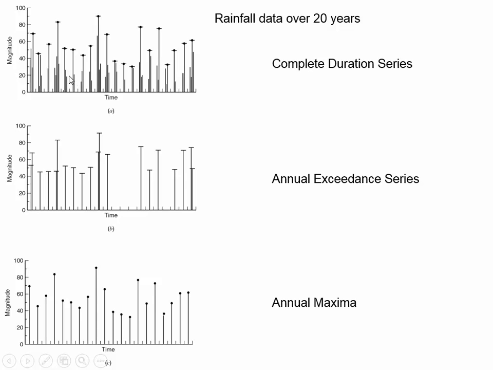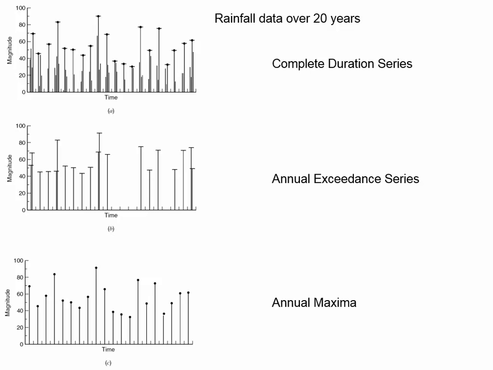You can look at what is the top 20 storms, and that's what is in part B here. You'll notice that there's a gap because there were a few years when the top 20 storms don't occur during this time period, or you can identify what's the largest storm in each of the 20 years. And sometimes how you organize the data is going to have an impact on the eventual statistics.